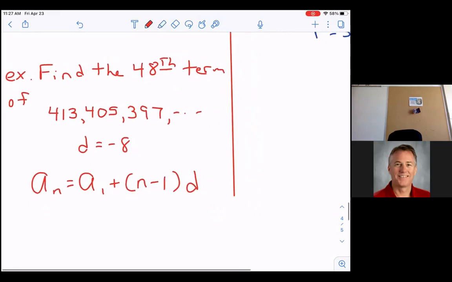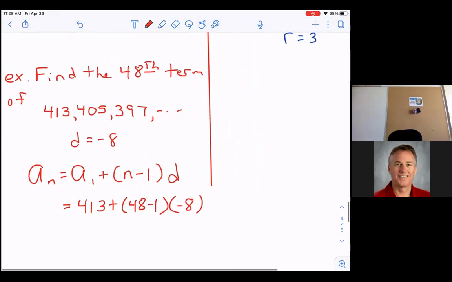So we would do 413 plus 48 minus 1 times our D, which was -8. And let's just plug that into our calculator. So 413 plus 47 times -8.